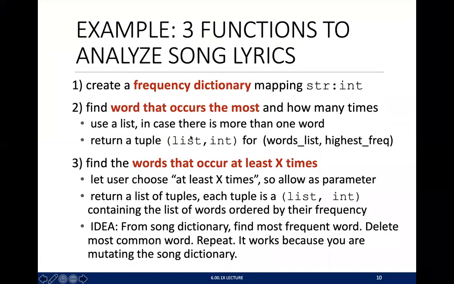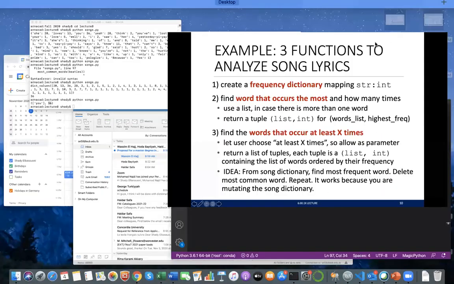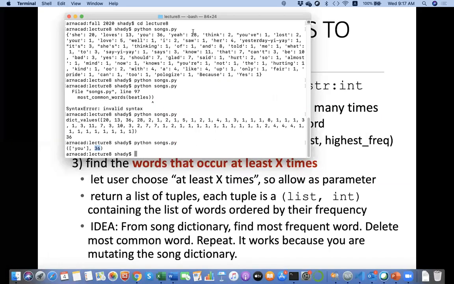I want to do two things. I solved the second part, so this is the second problem. Now, the third problem is I want to find words that occur at least X times. I built the dictionary, and I can use it because now for every word I have its frequency.